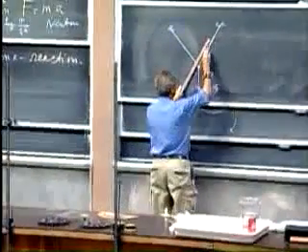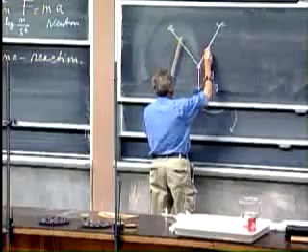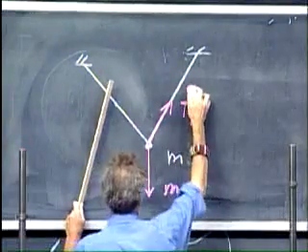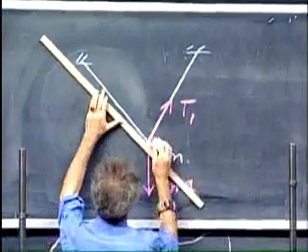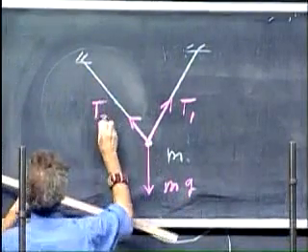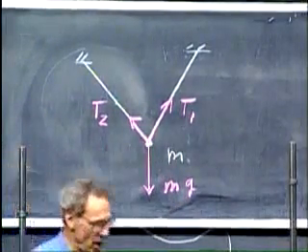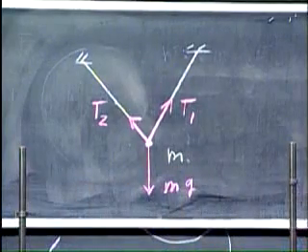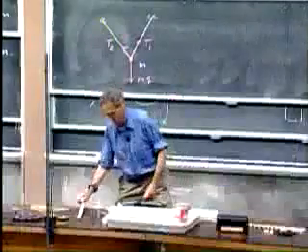Let's call this pull for now T1. We call that the tension in this string, and we call the tension in this string T2. And the question now is, how large is T1 and how large is T2?